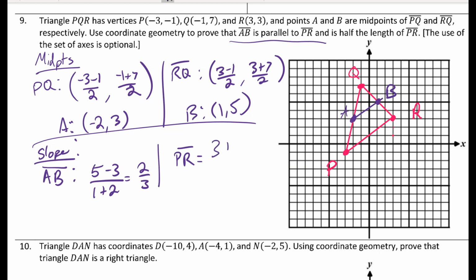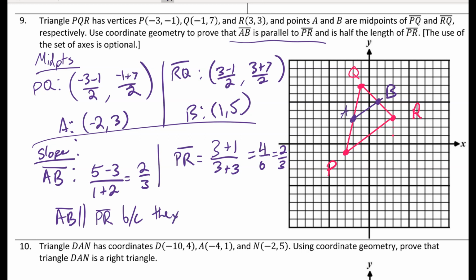And it ends up that I do. 3 plus 1 over 3 plus 3 equals 4 over 6, which does reduce to 2/3. So it is true that AB is parallel to PR because they have the same slope. So that's the first part.